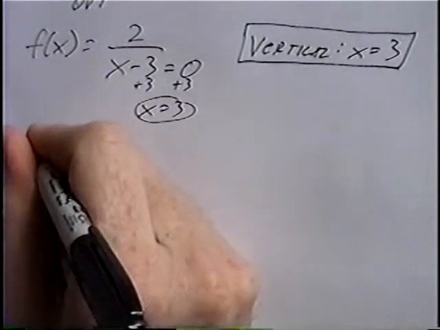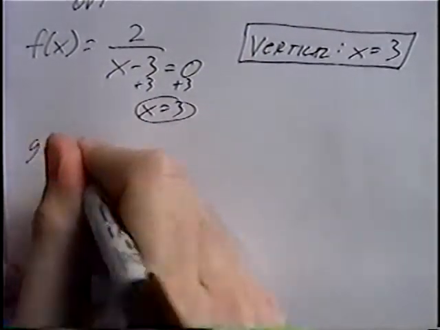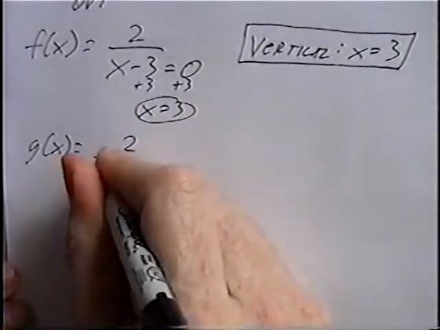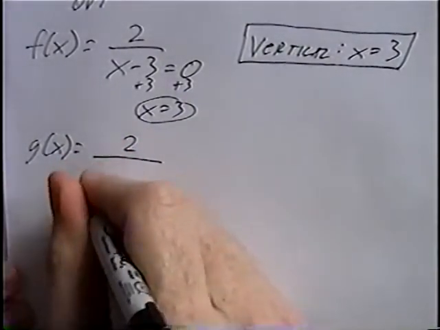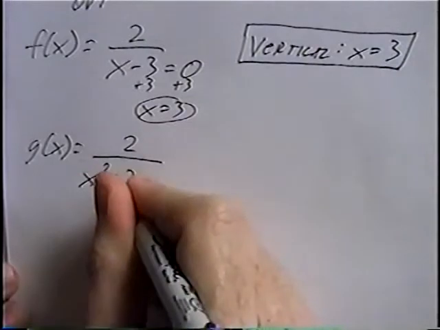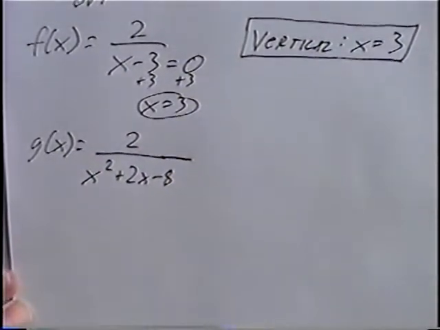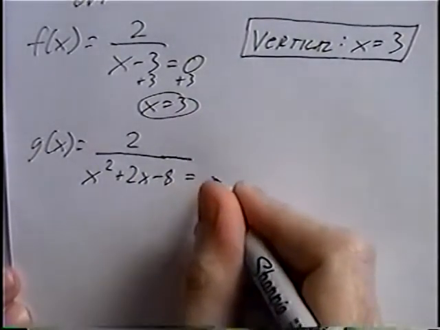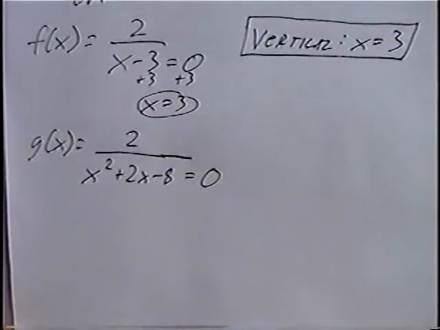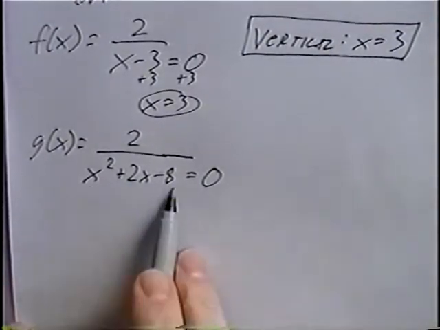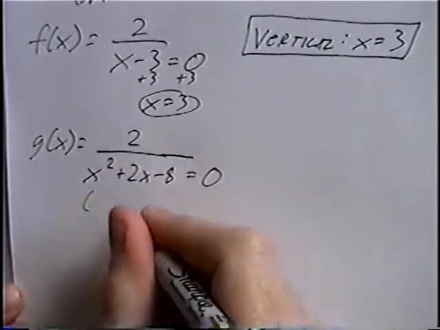For the second question, we have g of x equals 2 for the numerator over x squared plus 2x minus 8. Again, to find the vertical asymptote, we want to find where the denominator is equal to 0. In this case, we can factor the denominator.